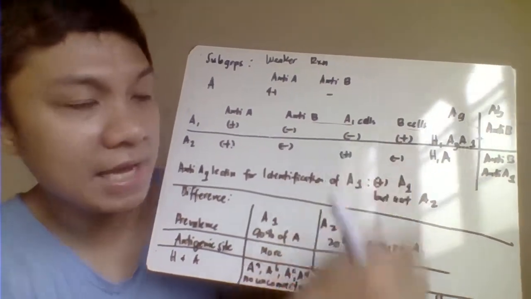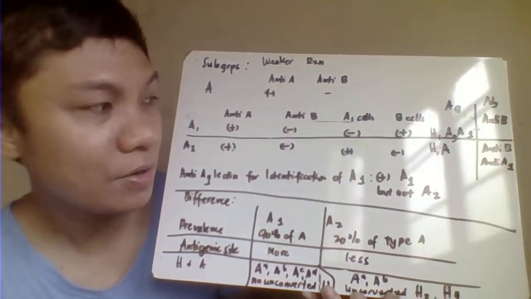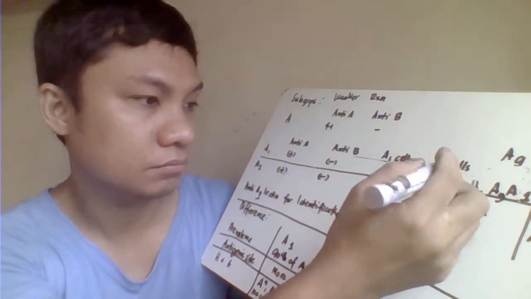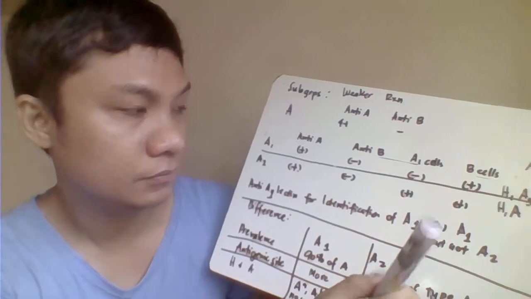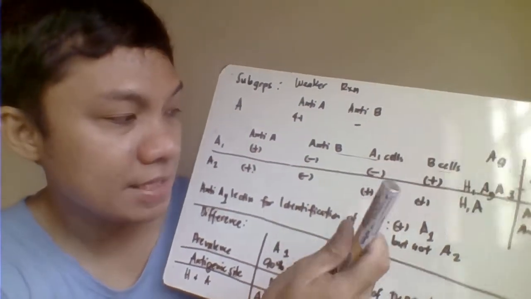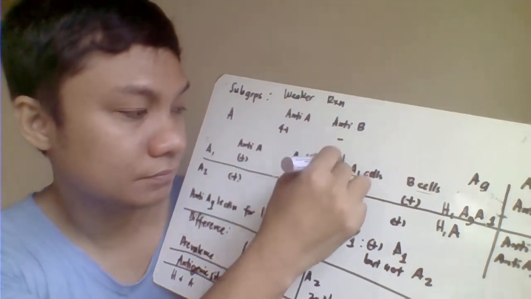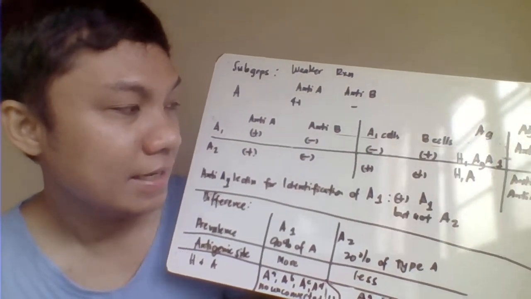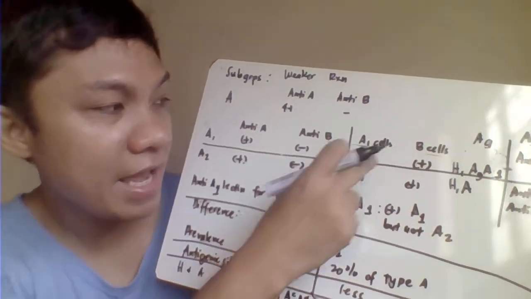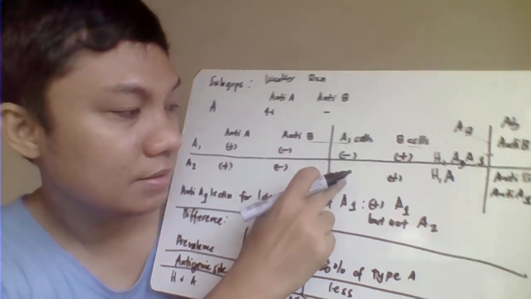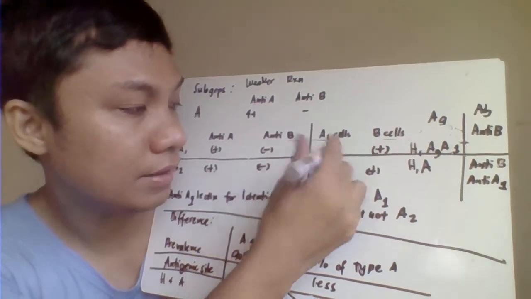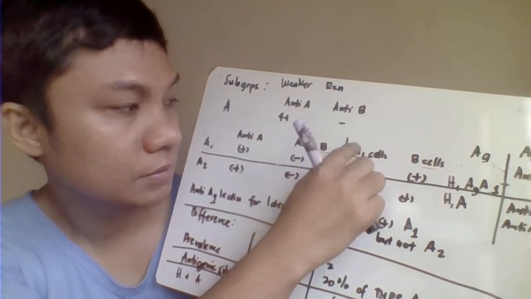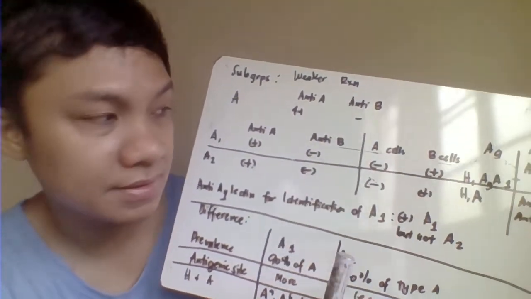Okay, now we have here the antibody. So, for the antibody, ito ang ating antibody. Okay, we have your A cells.